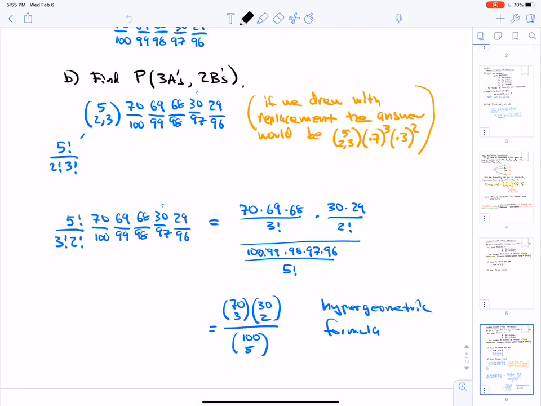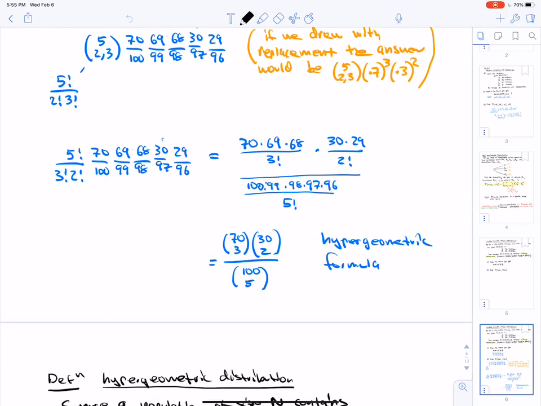If we just rearrange things and put the 3 factorial under the 70, 69, 68, and the 2 factorial under the 30, 29, and the 5 factorial under the 100 down to 96, you see that you get 70 choose 3 times 30 choose 2 over 100 choose 5.